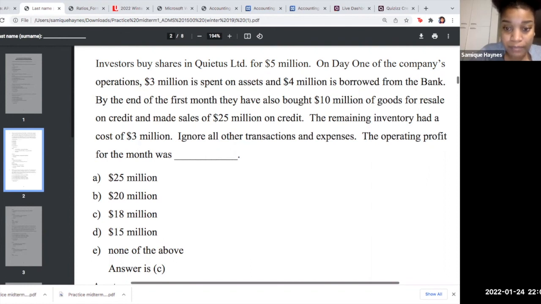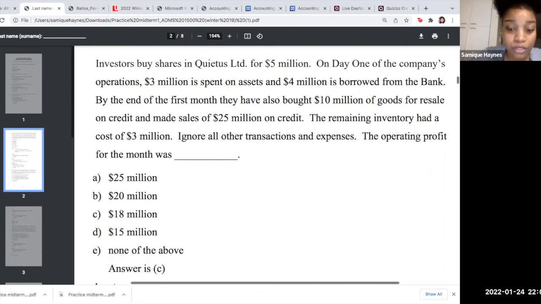Less, okay, let's stop there. That's income, interest, and tax, but let's stop there. So sales revenues less cost of goods sold. Sometimes it will give you cost of goods sold, but sometimes you have to find it.